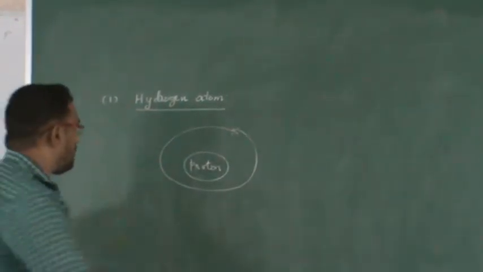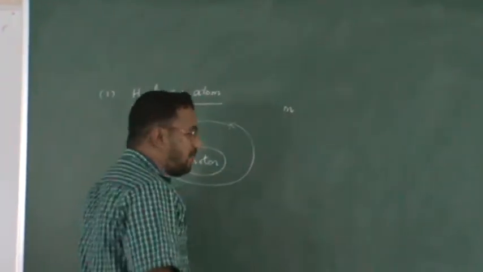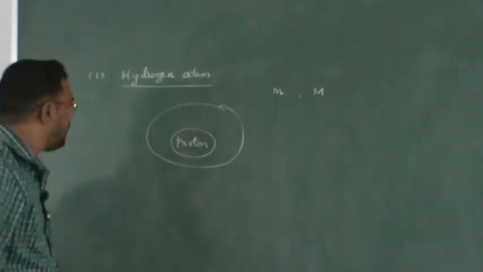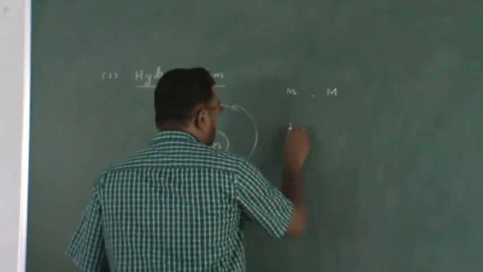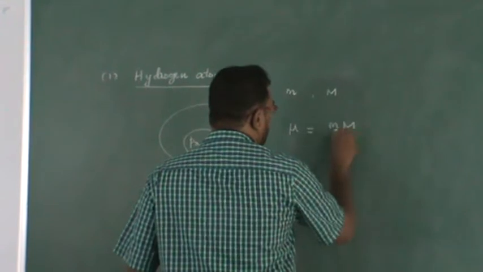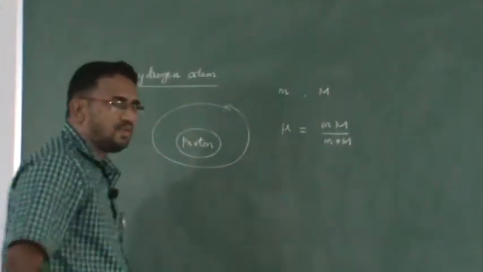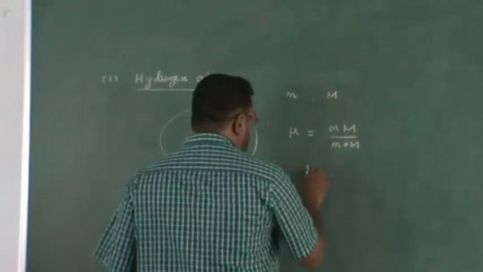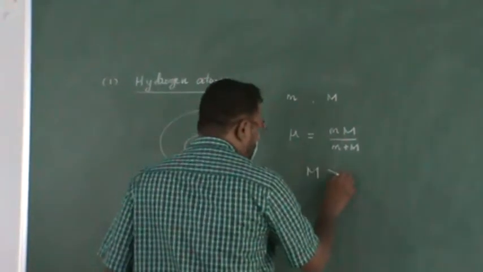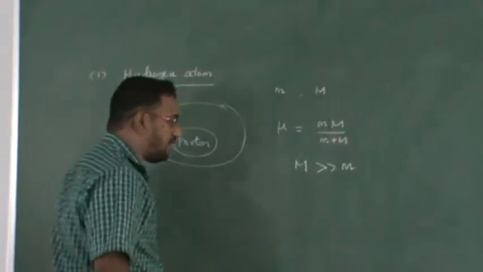Suppose you assume this formula. Then the mass of the electron is smaller, we take it as small m, and capital M will be the mass of the nucleus. Then the reduced mass is mM by m plus M. Since the mass of the nucleus is heavy, M is much larger than small m, the mass of an electron.